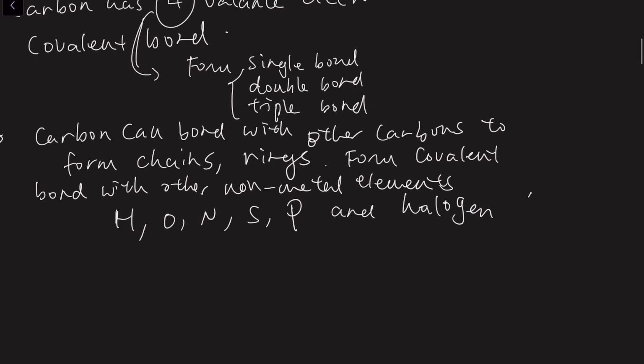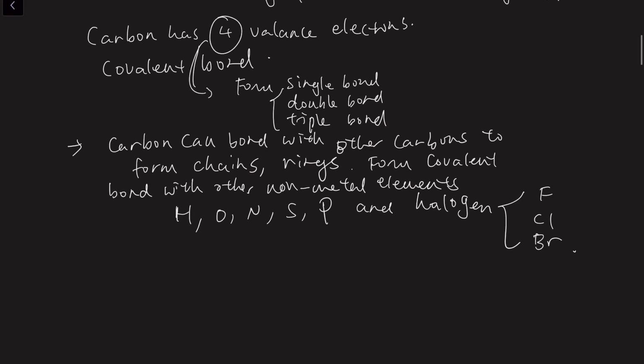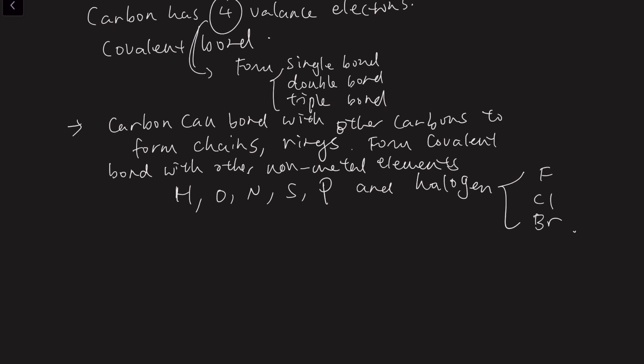This includes things like fluorine, chlorine, bromine, things like that. They all belong to this same column on the periodic table.